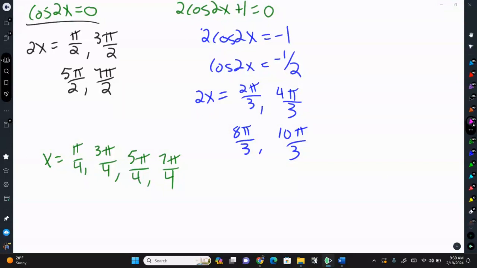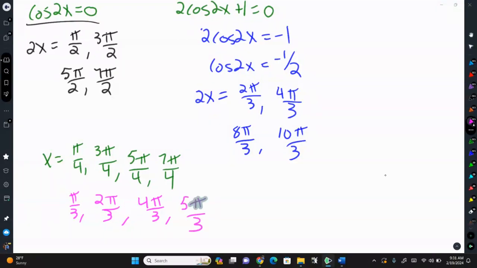So 2 pi over 3 multiplied by 1/2, that'll be 2 pi over 6, which reduces to pi over 3. Then 4 pi over 3 would be 4 pi over 6, which reduces to 2 pi over 3. Then we have 8 pi over 6, which reduces to 4 pi over 3. And then we have 10 pi over 6, which reduces to 5 pi over 3.